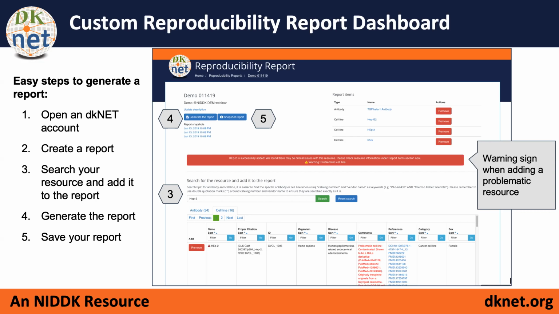6 months, 9 months down the road, you can actually come back and look at your resources and see if there have been any warnings or alerts that have been registered around the resource that you're utilizing. And you can then again re-snapshot, generate a new snapshot of that. And you notice that in this example, there are already 3 snapshots that have been created for these sets of resources.